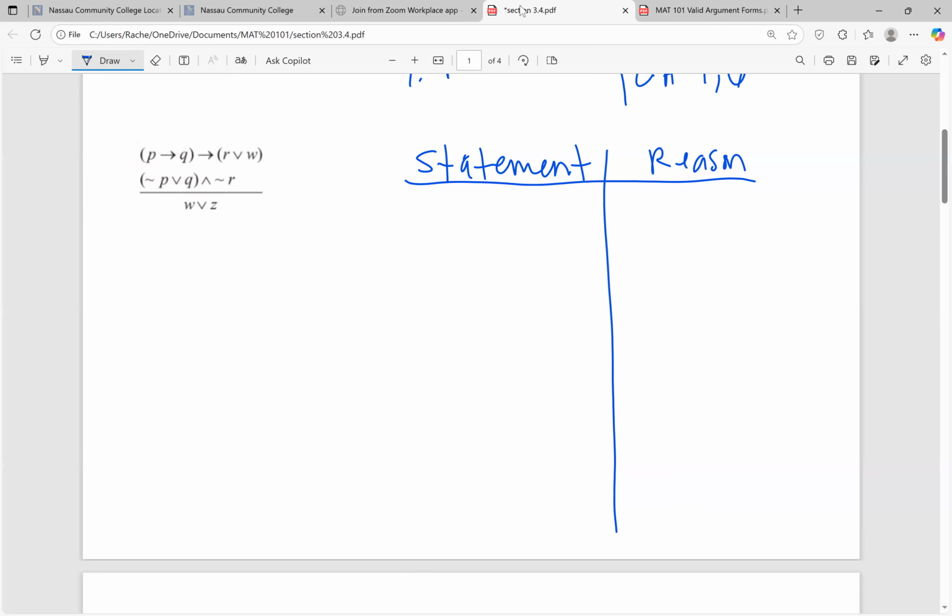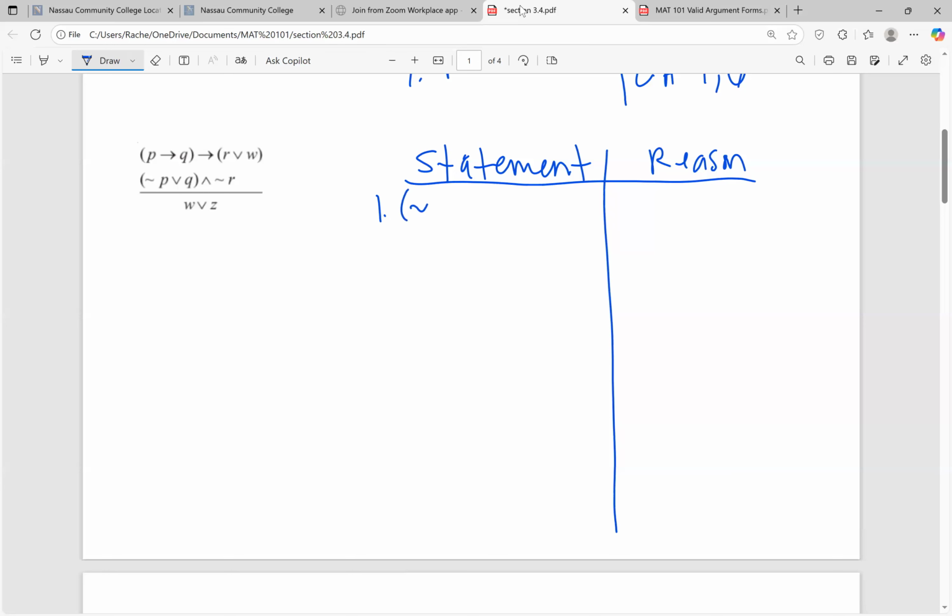That's the conditional equivalence. So I'm thinking, let's list the second premise, because I'm going to end up rewriting not P or Q as a conditional, right? So let's start with that one.